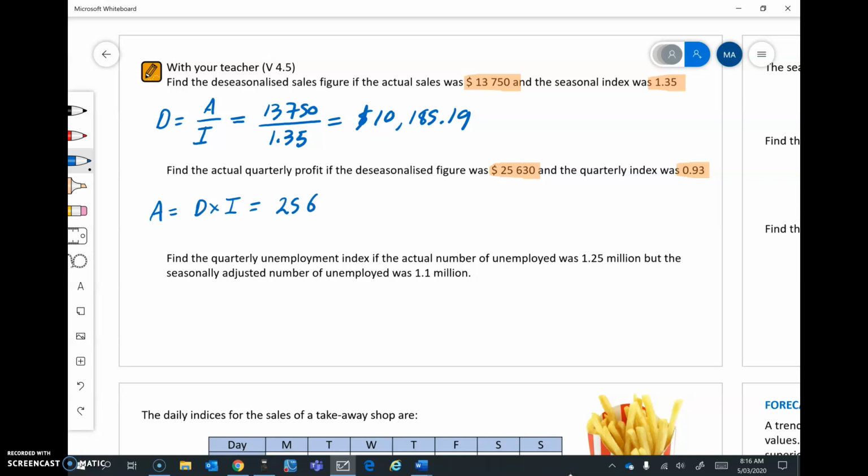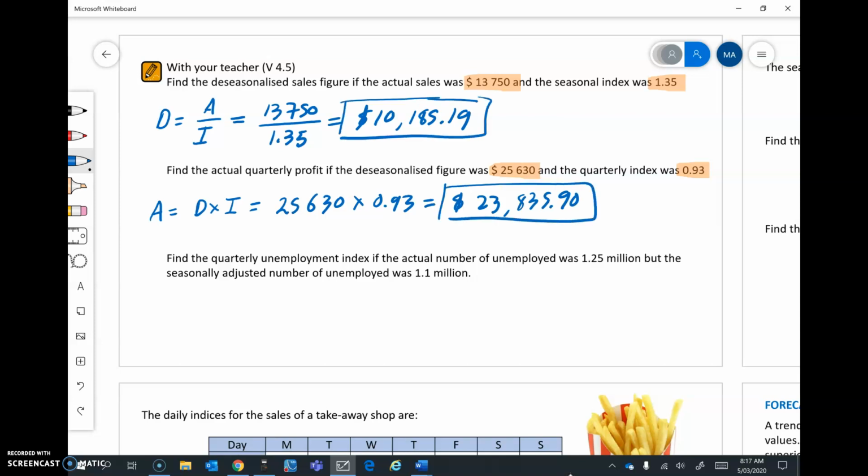So we multiply those numbers, and that gives us $23,835.90. So there are our first two answers so far.